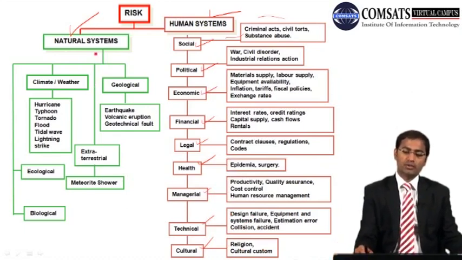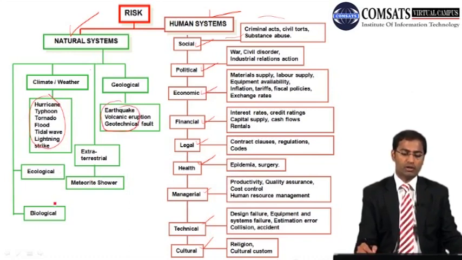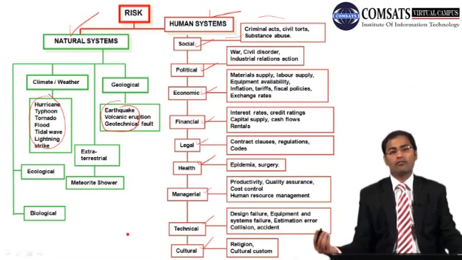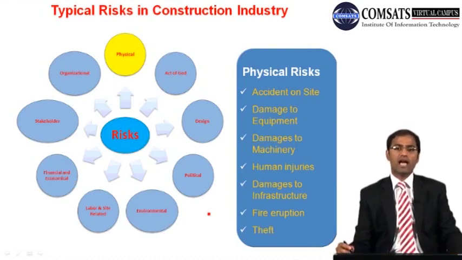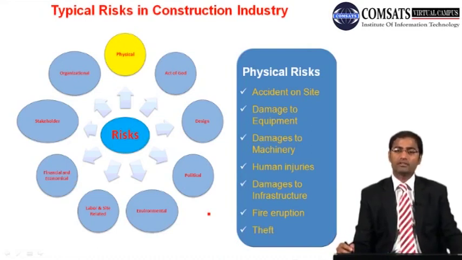Similarly, we can group our climate risks, geological risks, ecological risks and biological risks, and a few other risks. So this is a very good example of a risk breakdown structure. Another risk breakdown structure: if we can identify the types of risk in the construction industry, we are going to have a very good case study.